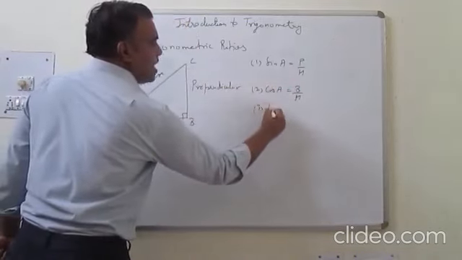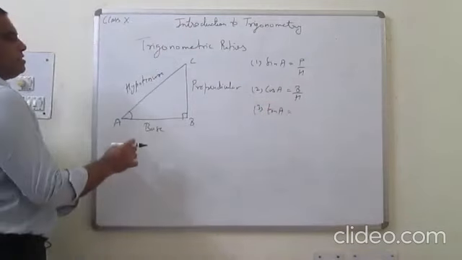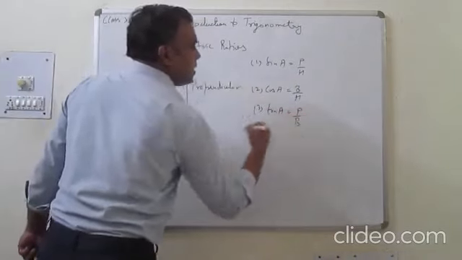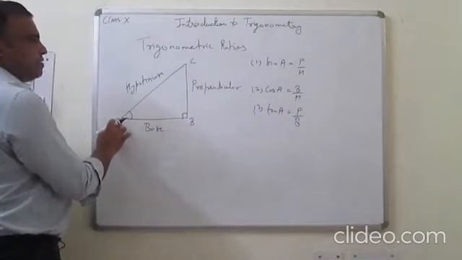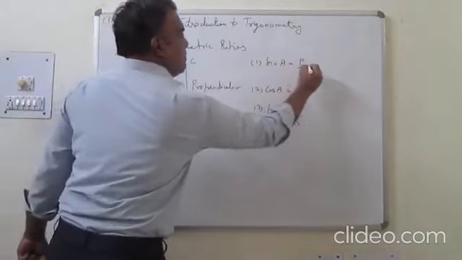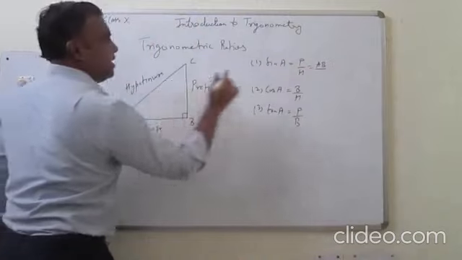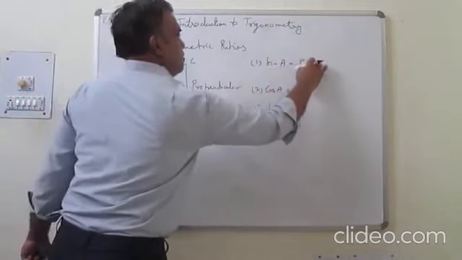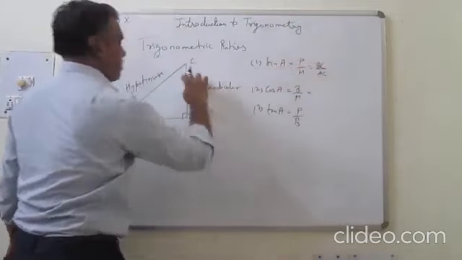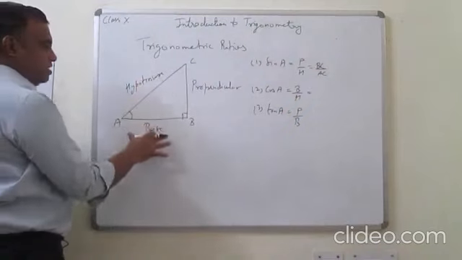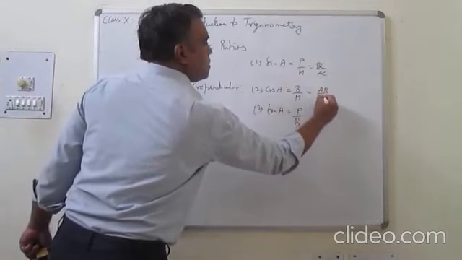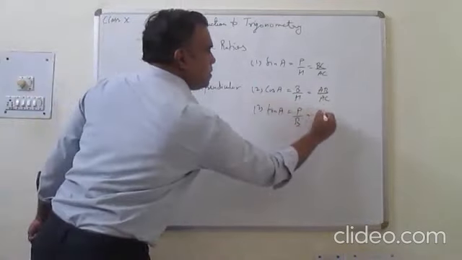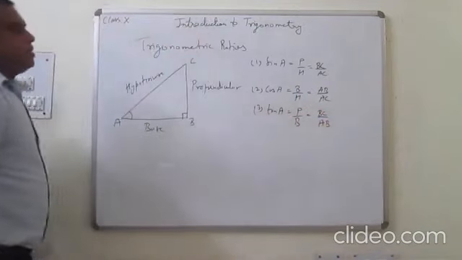Now tan A, it is the ratio between perpendicular upon base. Here perpendicular is BC upon AC, base AB upon AC, BC upon AB.